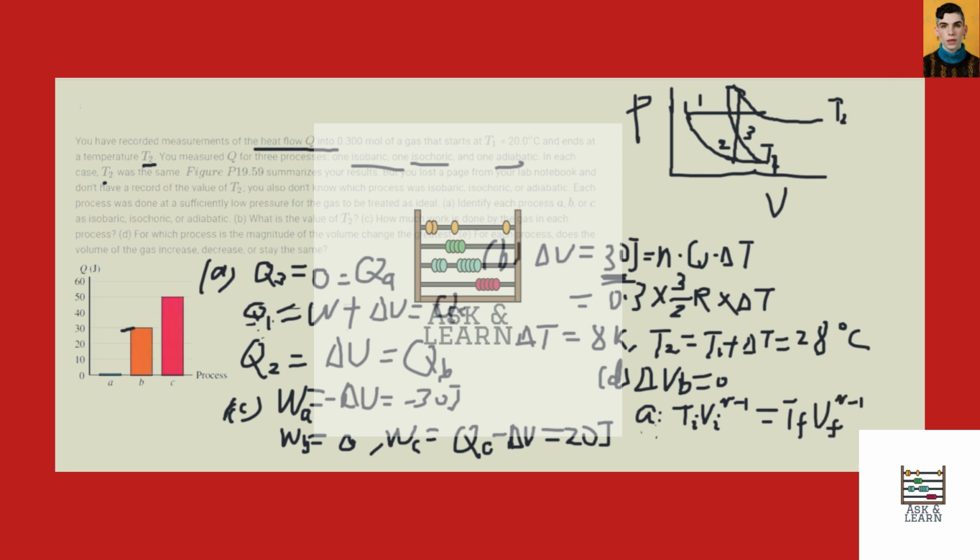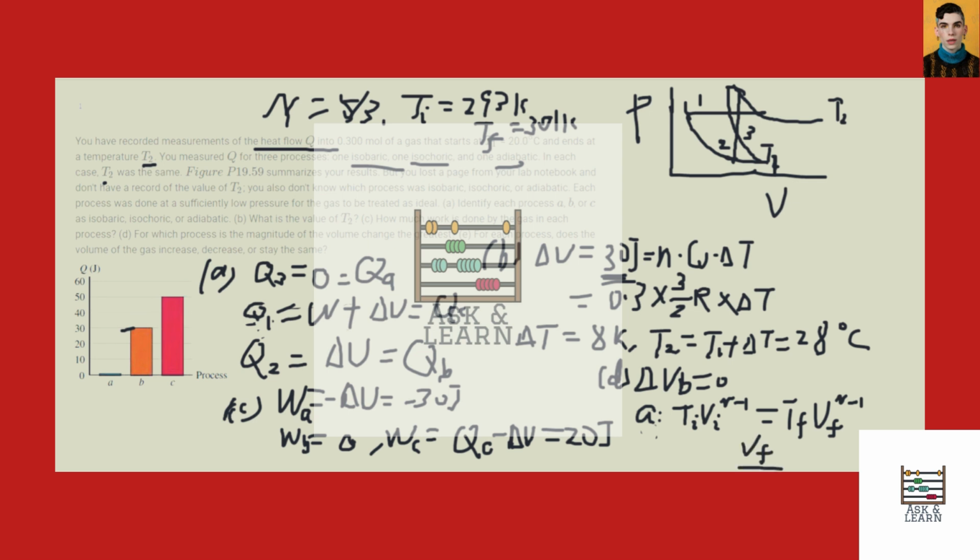And gamma for this problem, because this is an ideal gas, is 5/3 by default. We already know Ti and Tf. Ti equals 20 plus 273, which is 293 Kelvin, and Tf equals 301 Kelvin. So we can obtain the relation between Vi and Vf.